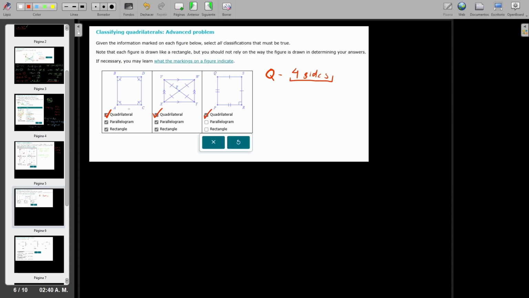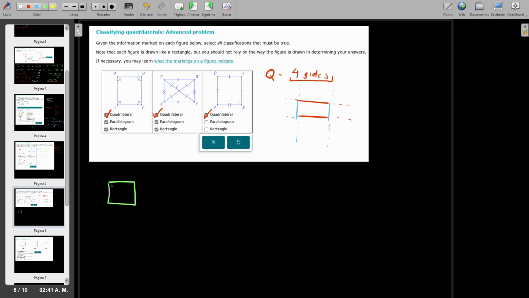Parallelogram means they have sides that are always parallel. Parallel means they do not cross each other. Okay? This is parallel. If we look at these figures, we can see that they do not cross each other.